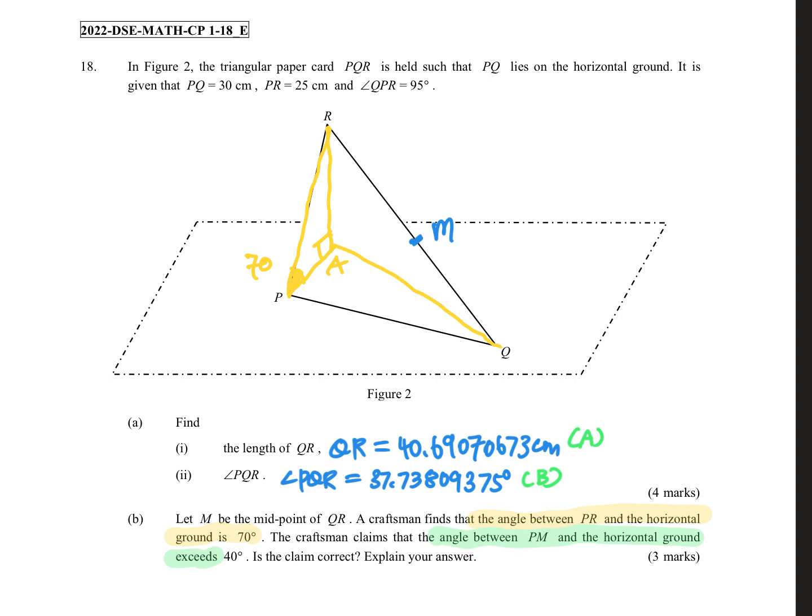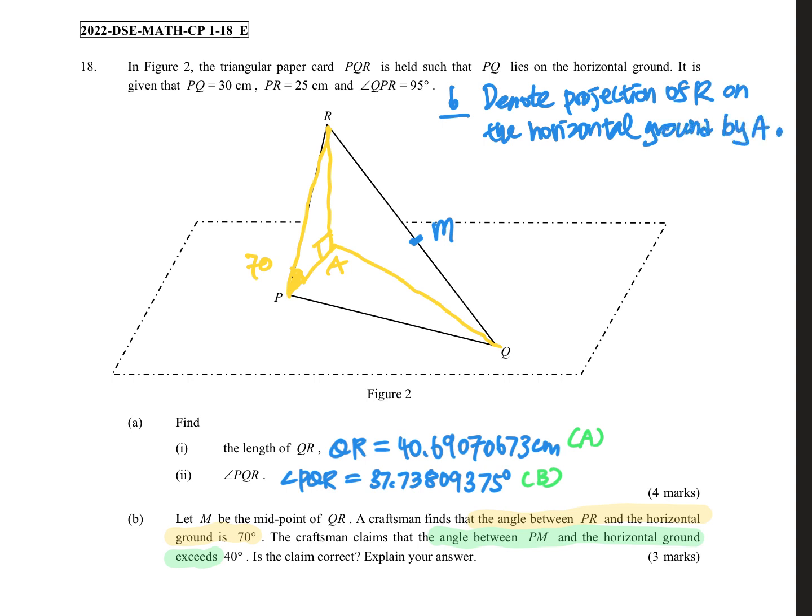So first of all, we denote the projection of R on the horizontal ground by A. In that case, we can easily find AR just using right angle trigonometry learned in junior form.